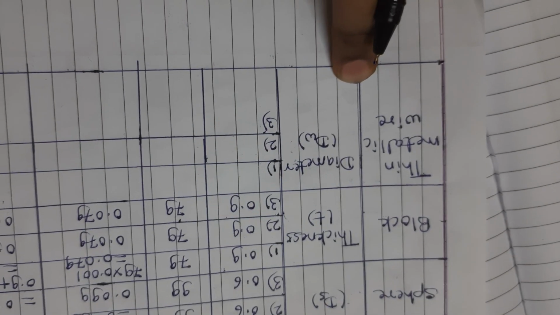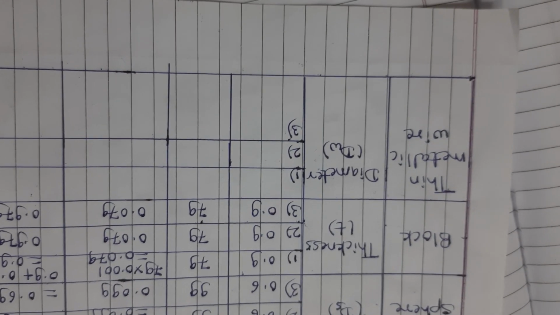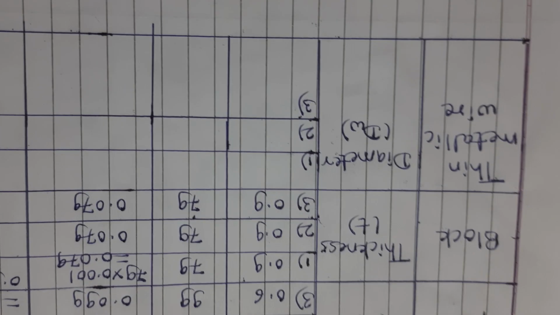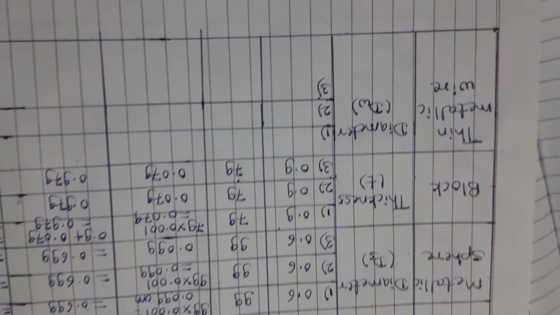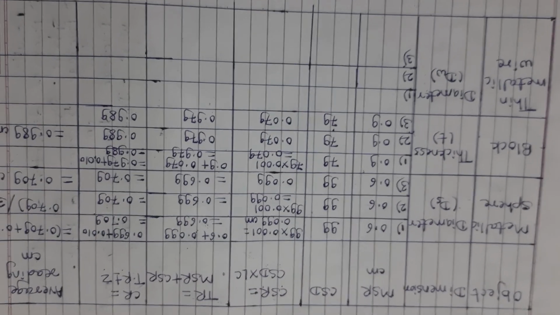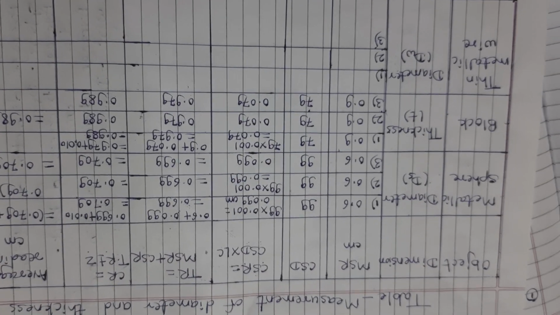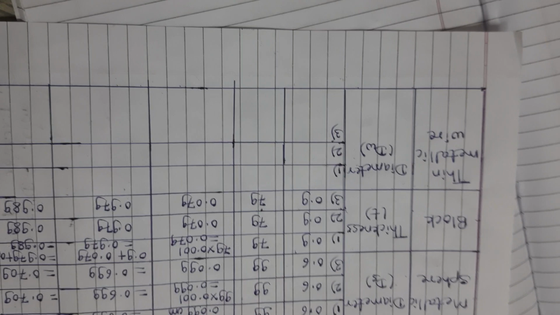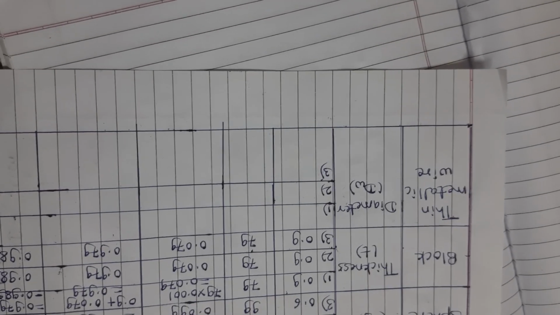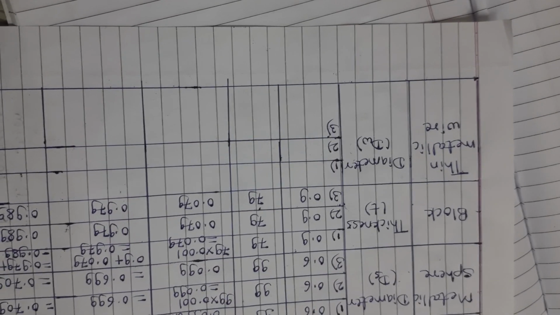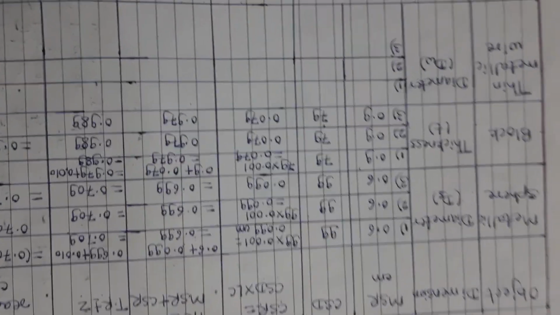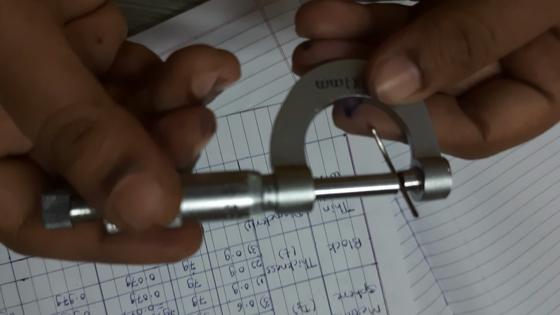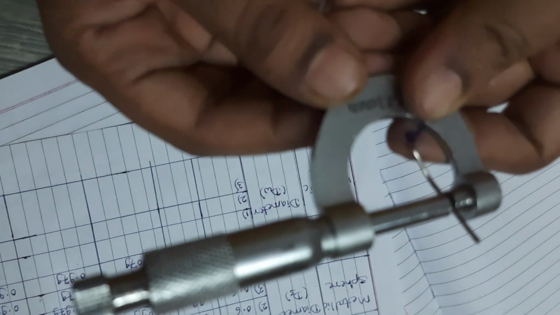And last, we find the outer diameter of the thin metallic wire. Here now we fix the thin metallic wire in these two jaws. See, this is the thin metallic wire.